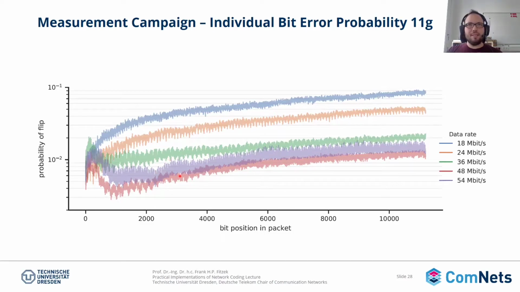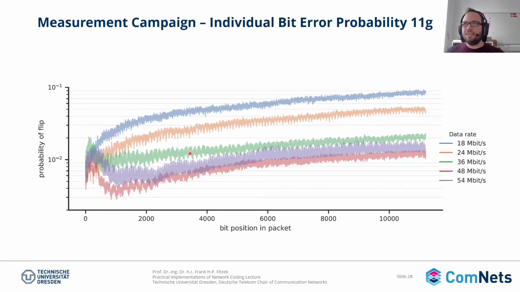We were expecting a straight bar for different reasons, because we thought that the errors were independent of the position of the bit in the packet. It's also because we were using some interleaving, or the MAC layer uses some interleaving and so on.